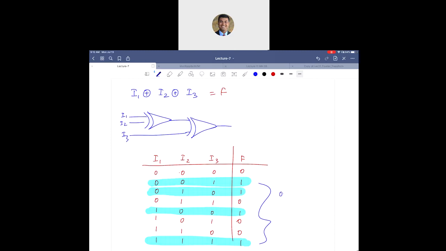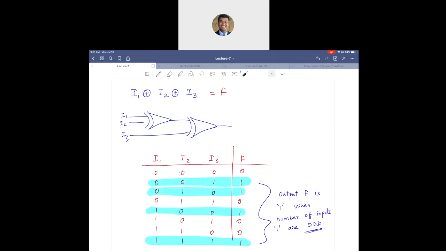Output F is 1 when the number of inputs that are 1 are odd. 1 1 1, 3 ones, right?